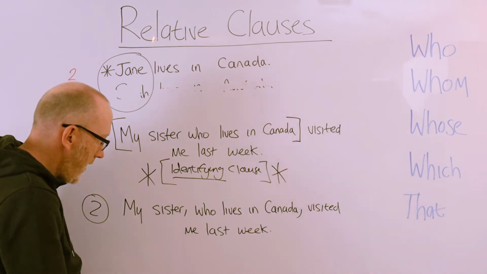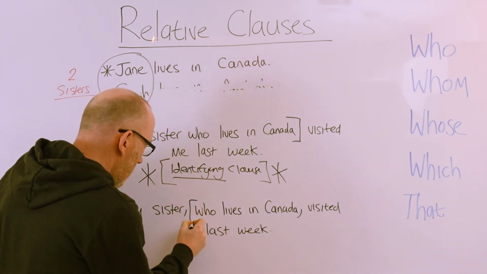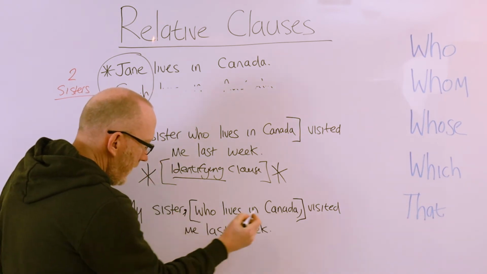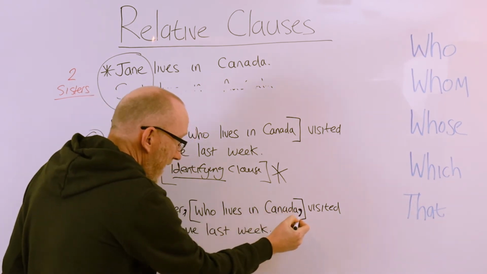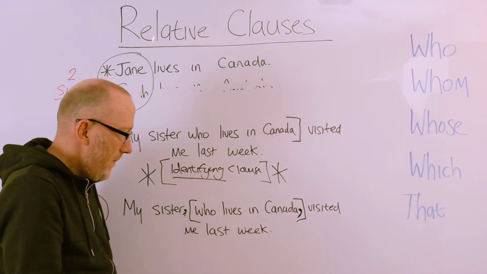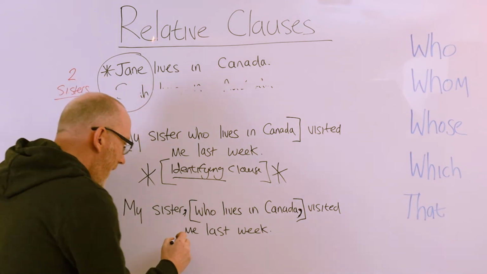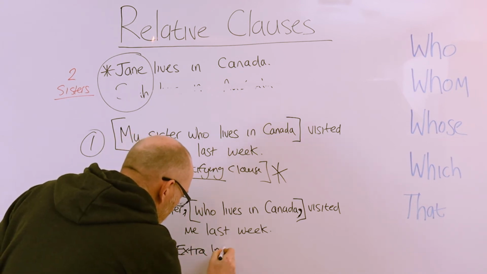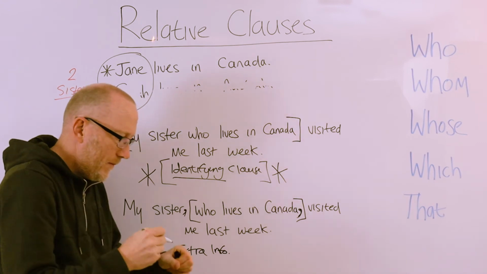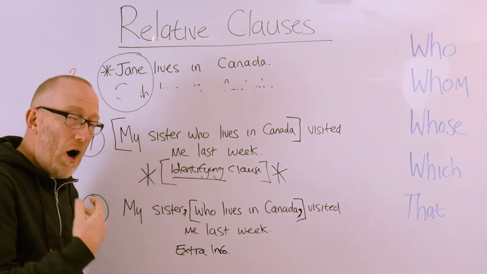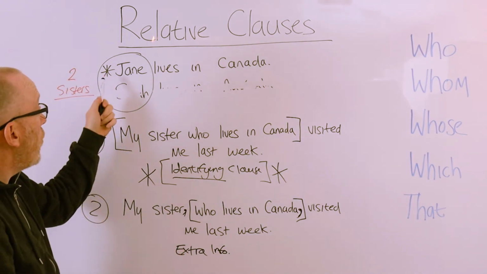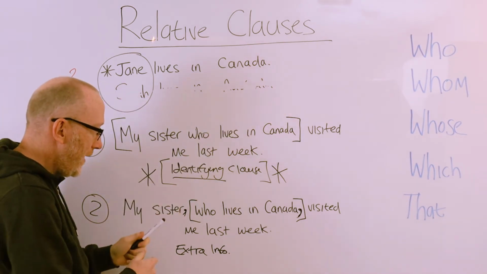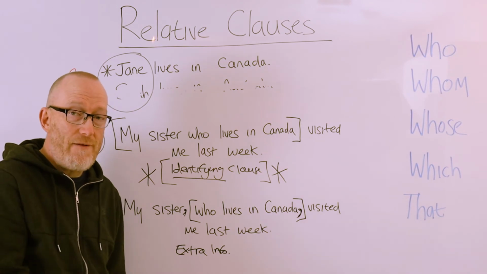In this scenario here, who lives in Canada is separated from the rest of the sentence with commas because this is extra information. It is extra information. It is not identifying anything because I only have one sister. So it's not identifying, it is just providing extra information.